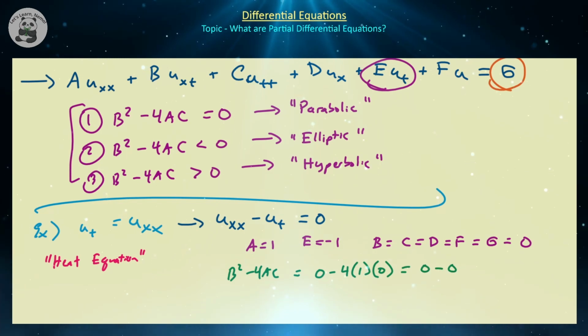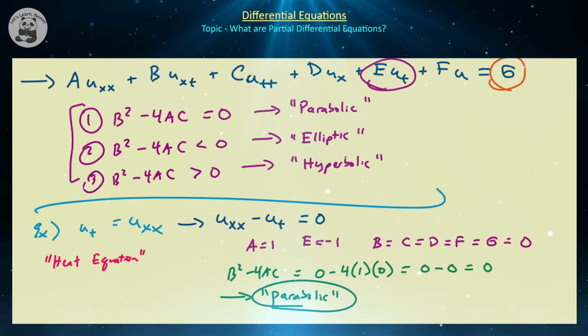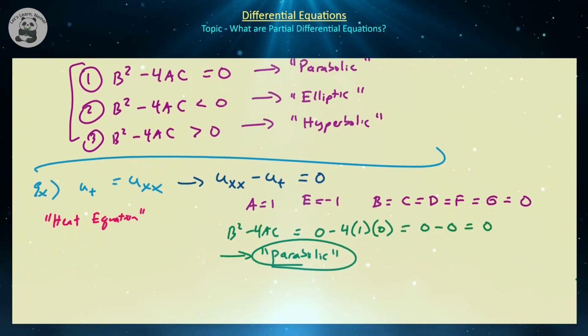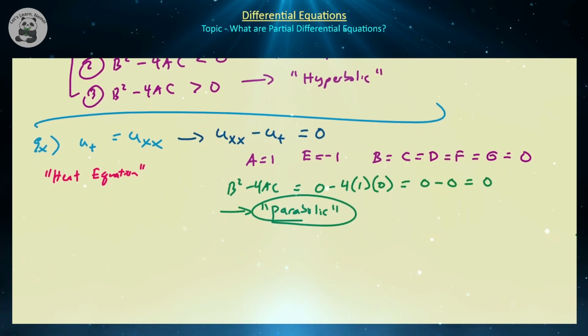So that's just 0 minus 0, which is equal to 0. If the discriminant is equal to 0 for this PDE, then this is a parabolic PDE. So the heat equation is an example of a parabolic partial differential equation.